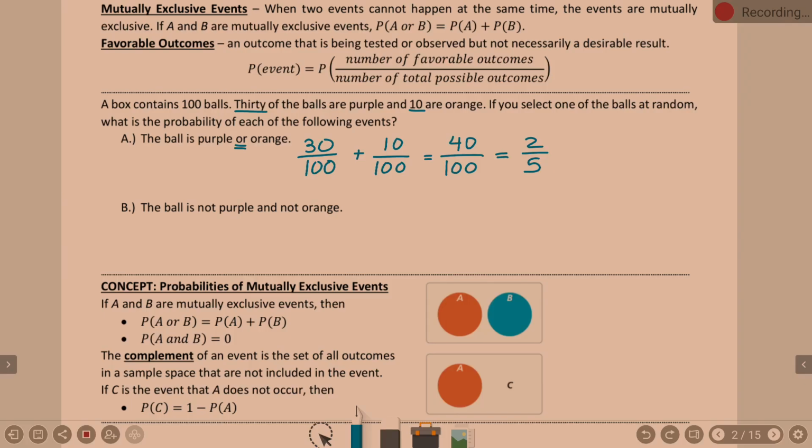What are other ways to express 2 out of 5? 40%. Okay. 2/5, when you divide it, is 0.4 as a decimal, or 40%. Now, all three of those answers are acceptable depending on the scenario.